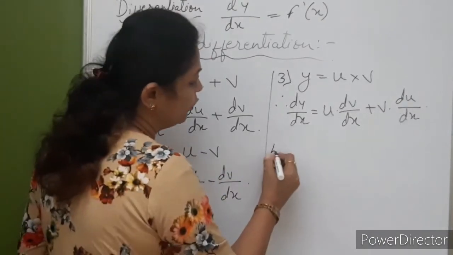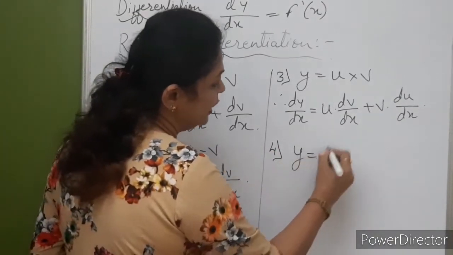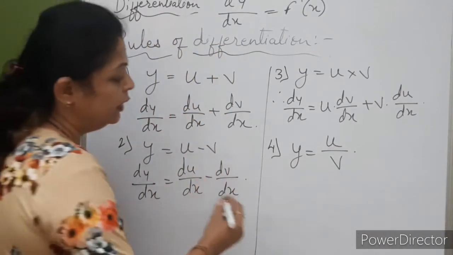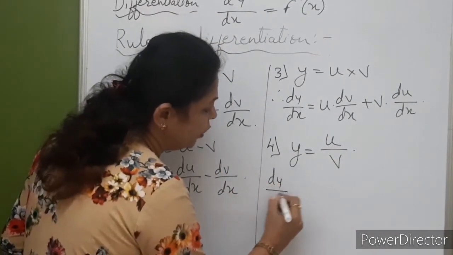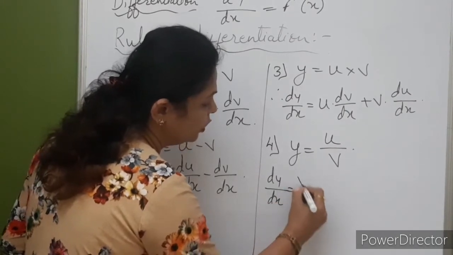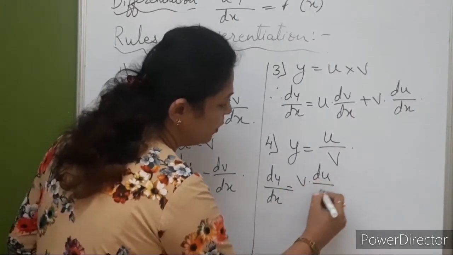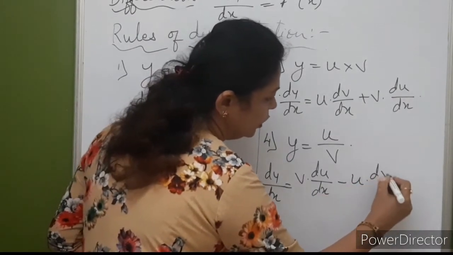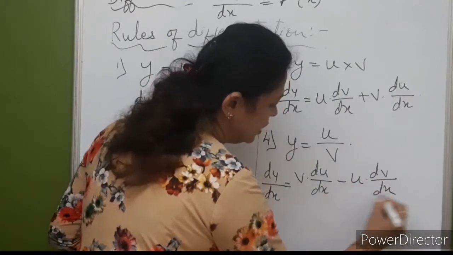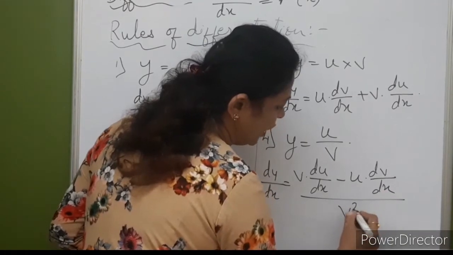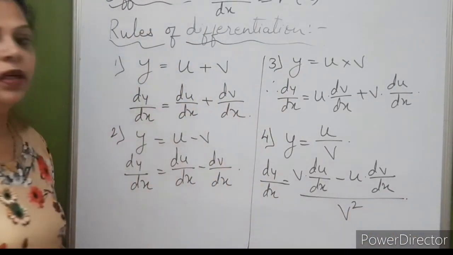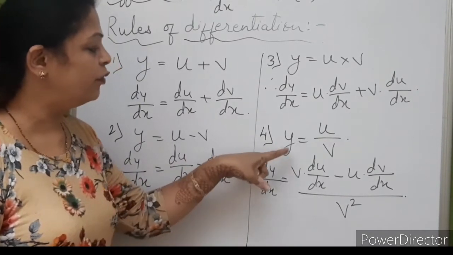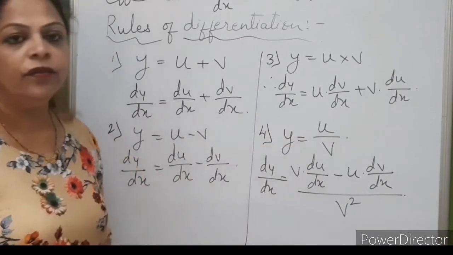And then the fourth one, suppose y is u upon v. Then in this case, the derivative of y will be equal to v into du by dx minus u into dv by dx upon v square. This is the formula for dy by dx if y is equal to u by v.